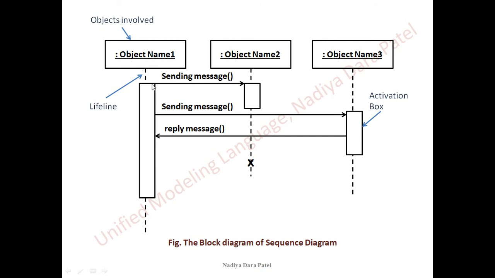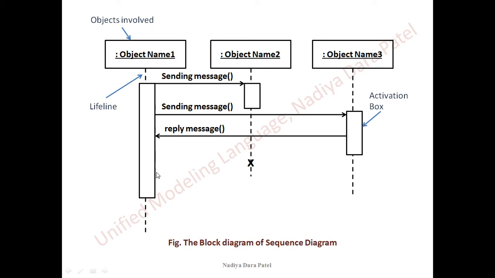Similarly, the activation box shows the active state of the object and holds all the activities. If sending messages and receiving messages is an activity, it is shown on this activation box.